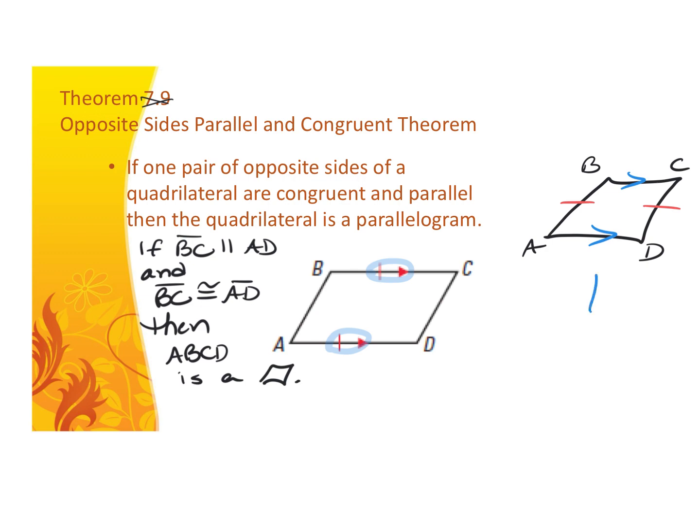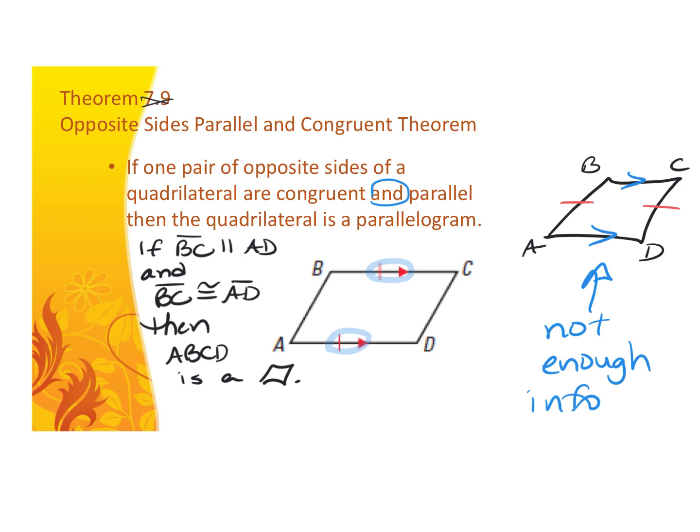This picture is a fail. There is not enough information to prove that this is a parallelogram. It's a fail because the congruency and the parallel need to be on the same pair. So it's got to be on the same pair.